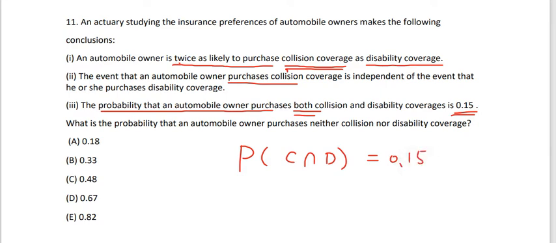This is the probability that the car owner purchases both. Because C and D are independent, this probability equals PC times PD.